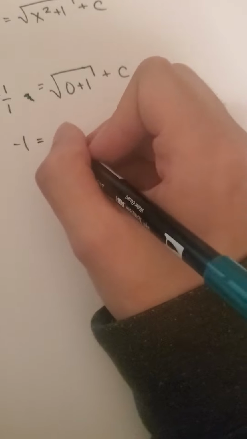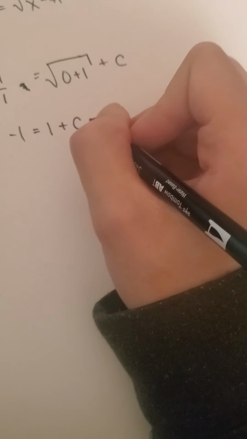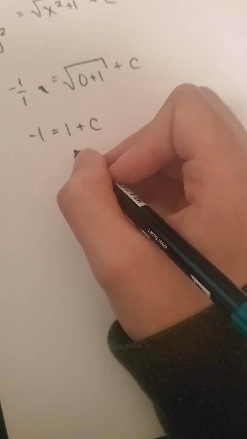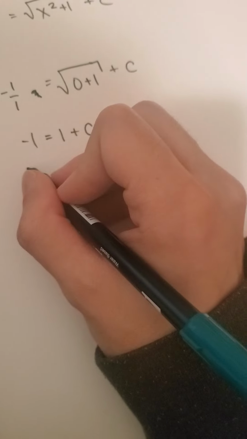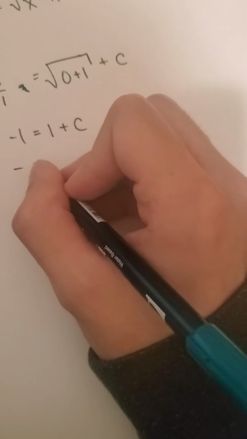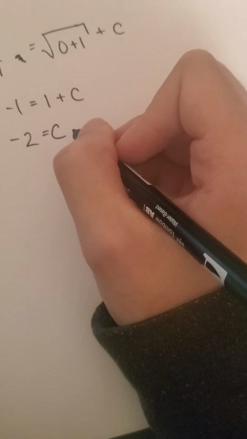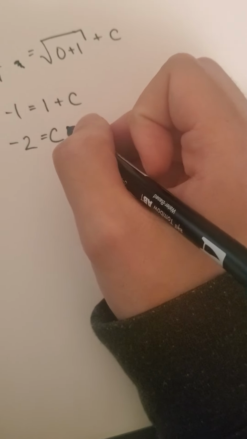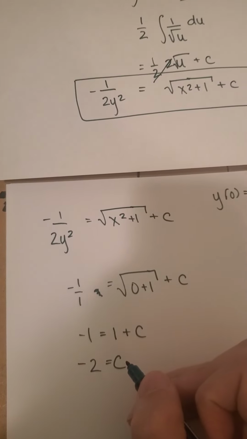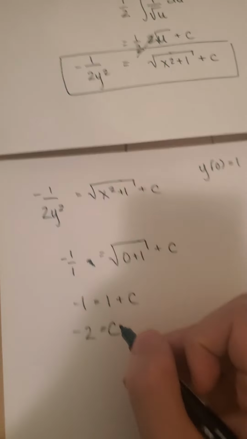Square root of 1 is just 1 plus c. So if we just subtract that out, we just get negative 2 equals c.